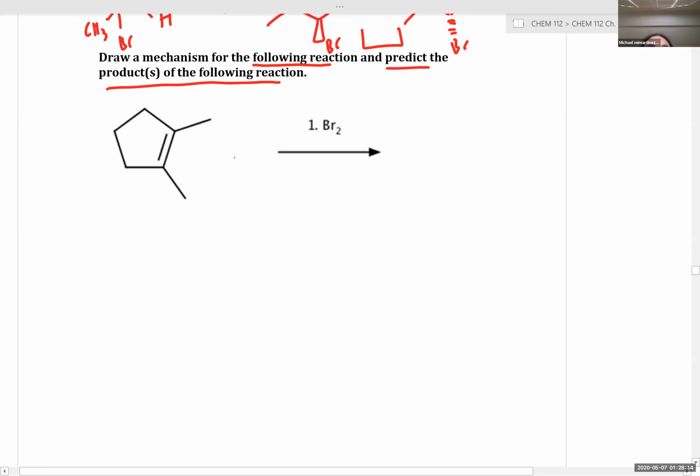And in fact, if we have two people draw the mechanism, we can entertain both the addition from the top face and the bottom face. So don't be shy here.